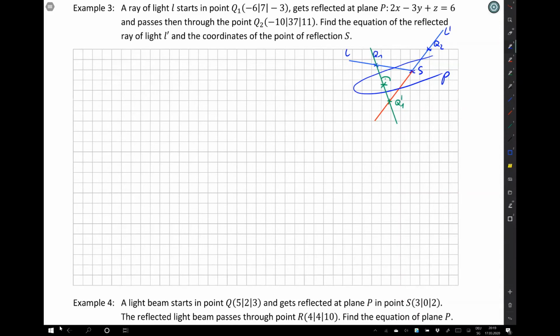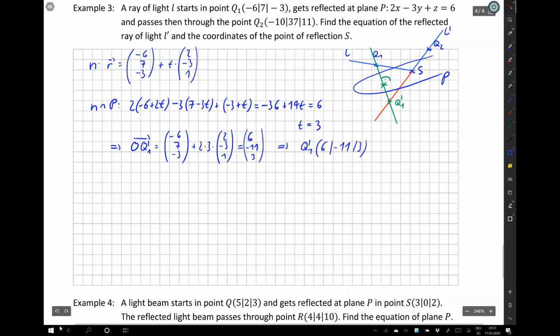So the first task is to find the point Q1 dash, a task that we have now done several times. Try it on your own, stop the film, and then verify and continue. And we find Q1 dash as coordinate (6, -11, 3). Now we can find the equation of the reflected ray of light as the equation of the line Q1 dash Q2.